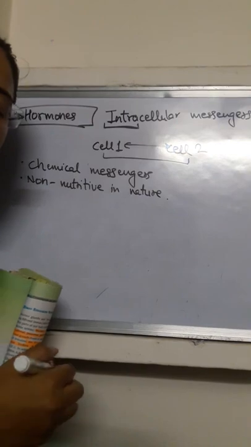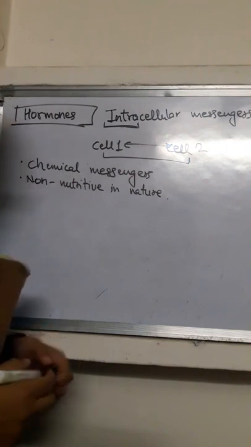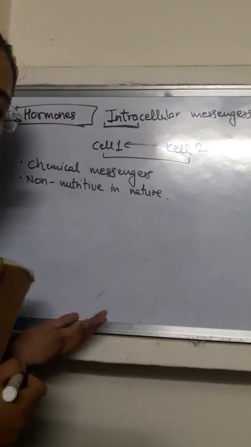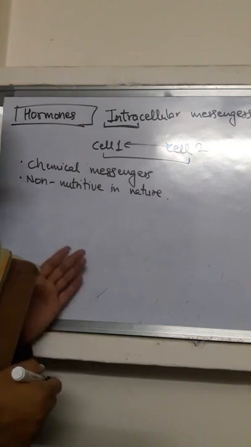I am purely referring to the NCERT class 11th book. So hormones are non-nutritive in nature. They do not bear any sort of nutrient, but still they are very important for our body as they carry information from one cell to another.